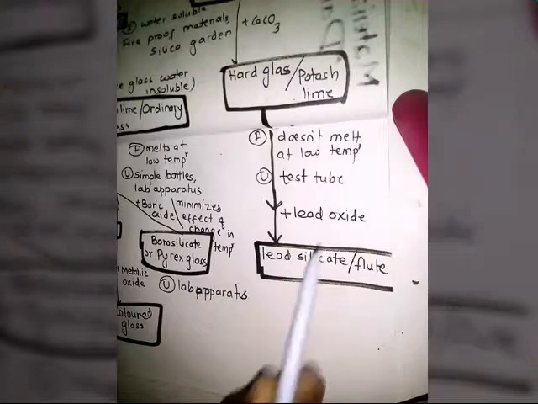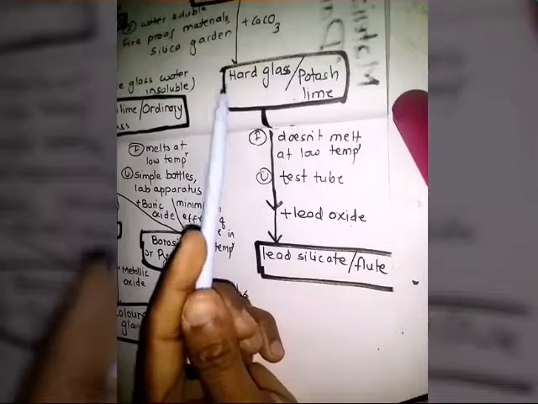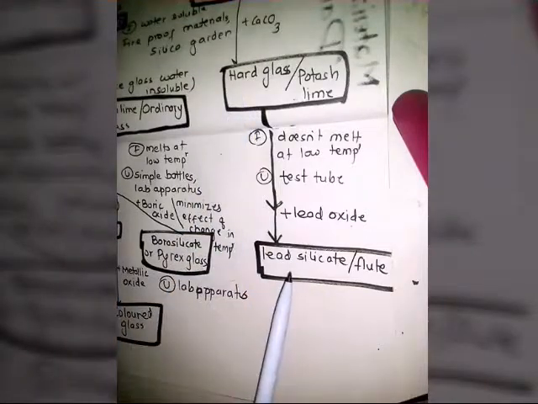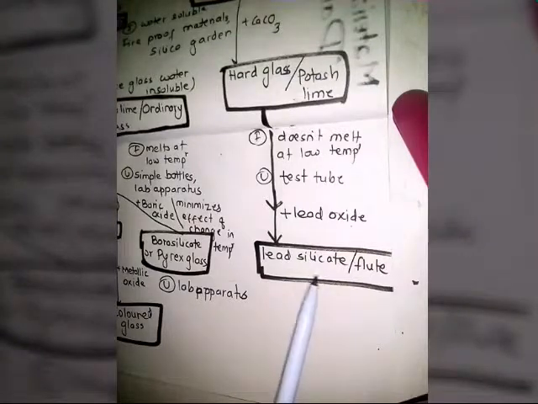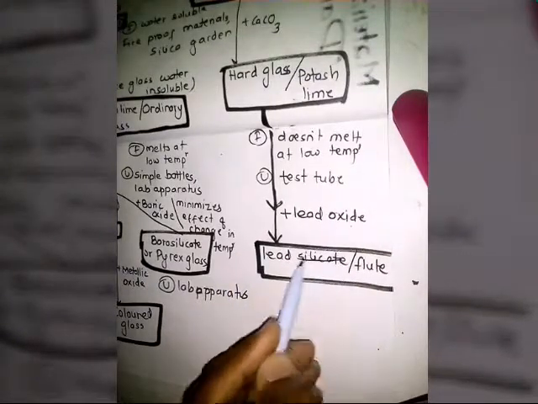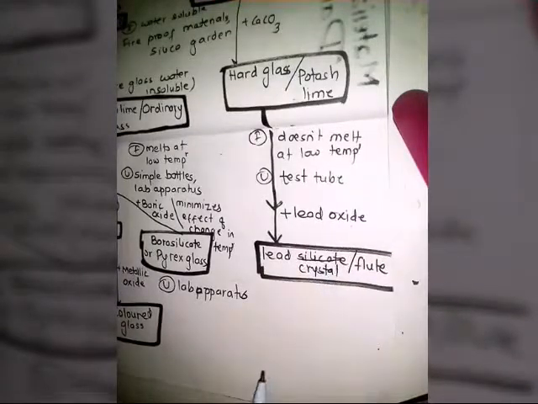So if we add lead oxide in the ingredients of hard glass, we'll get a glass called lead silicate. Okay, I'm sorry, that's not silicate, that's a lead crystal glass. So we'll get a lead crystal glass, or it is also called flute glass.